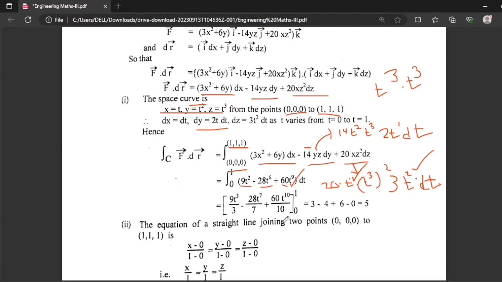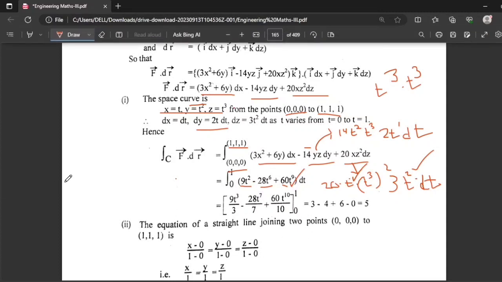And by integrating, the formula of integration is the integral of xⁿ dx is xⁿ⁺¹ divided by n plus 1. We have to add 1 in the power.